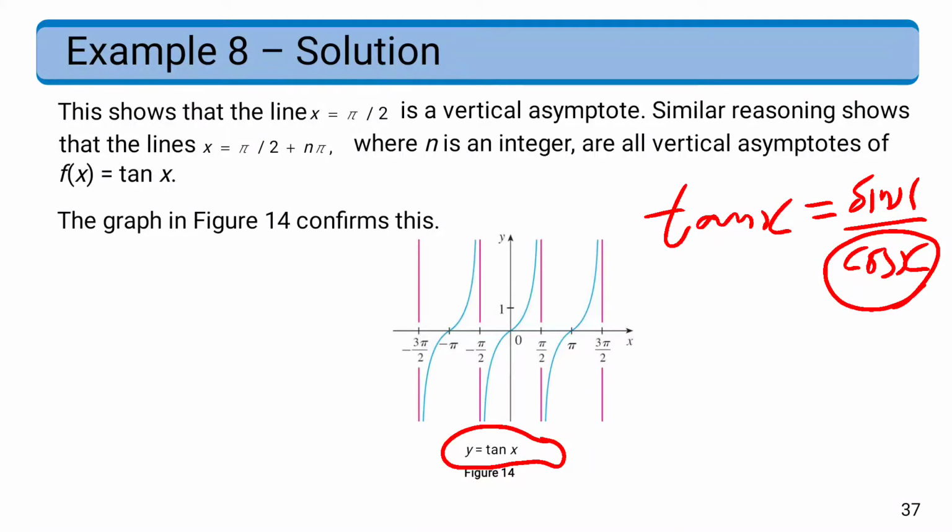So at 3 pi over 2, that's where cosine is 0, we have one asymptote. At pi over 2, that's where cosine is 0, we have another asymptote. At minus pi over 2, cosine of x is 0. At x equal to minus 3 pi over 2, cosine of x is 0. We have another asymptote. As many as possible, this is just a small portion that is shown here.